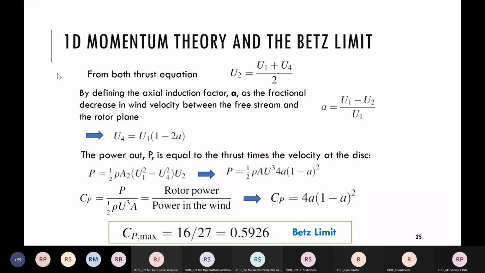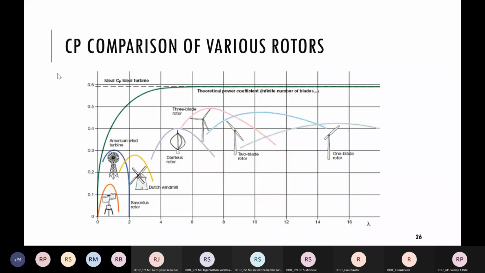Fine. So this is just a rough comparison of various rotors for CP versus TSR. Now the green line depicts the Betz limit, while all other rotors are depicted over here.